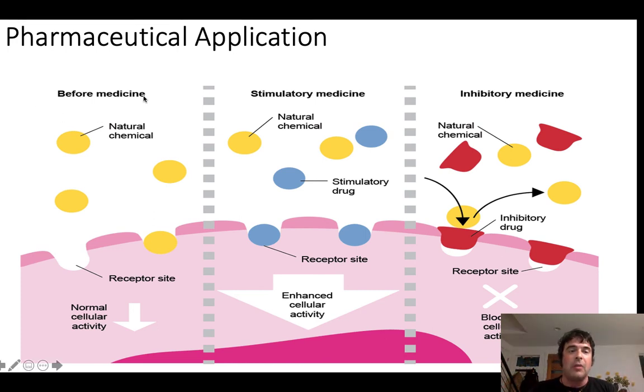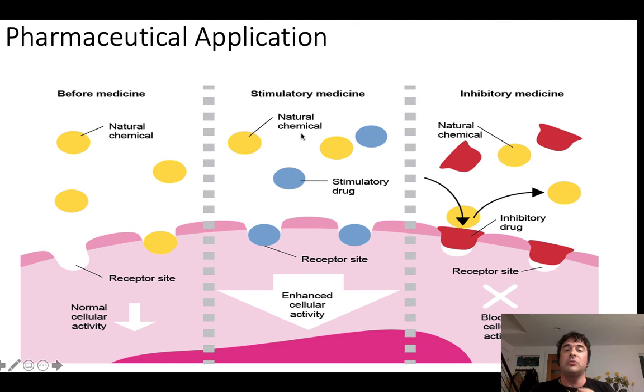So when you're thinking about a natural chemical, let's call this a neurotransmitter, right? You have that natural chemical, it binds to its receptor, it triggers the intracellular activity. This would be an extracellular receptor because it's embedded in the membrane. Agonists, aka stimulatory medicines, activate those receptors and they enhance the activity of the natural chemical, whereas antagonists inhibit those receptors, preventing the activity of the naturally produced chemical, blocking the cellular activity.